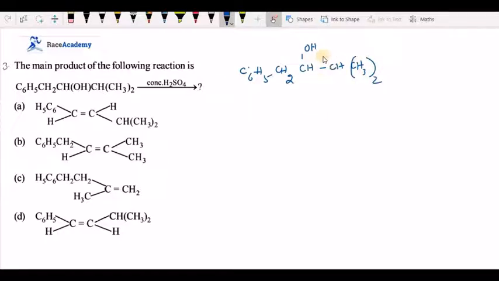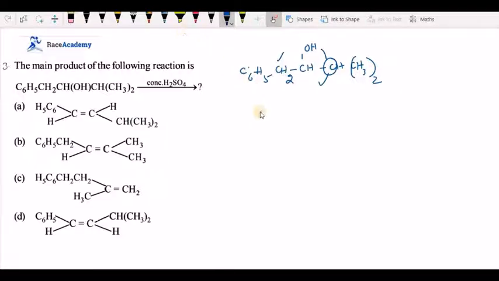That means if you remove hydrogen from this carbon, here unsaturation will be formed, or if you remove hydrogen from the other carbon, here unsaturation will be formed. So there are two chances. Let us see what the chance is.